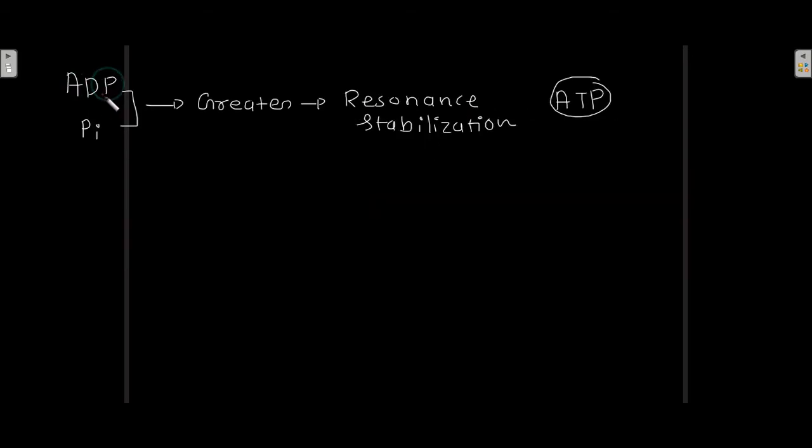ADP and Pi, that is ADP and orthophosphate, have greater resonance stabilization as compared to ATP. Okay, the resonance stabilization of ADP and Pi is much greater than ATP.